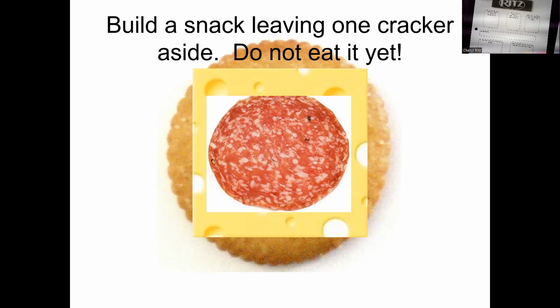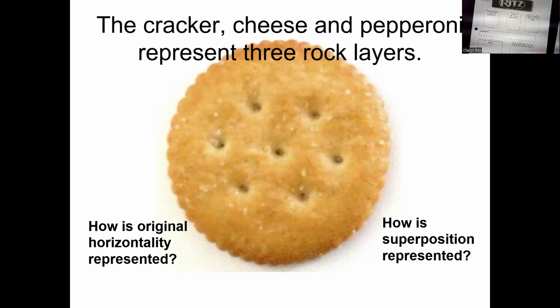All right, here's what I want to do next. I want to talk about how principle of superposition was represented in your little snack. How is superposition represented in your building of your snack?